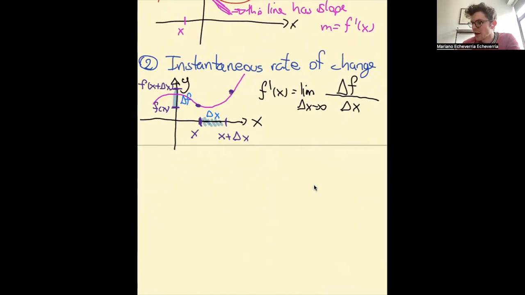But the important thing now is to think a little more about this ratio, delta f divided by delta x. Let's think about what this quantity means. This means how much delta f changes when you vary x by an amount delta x.